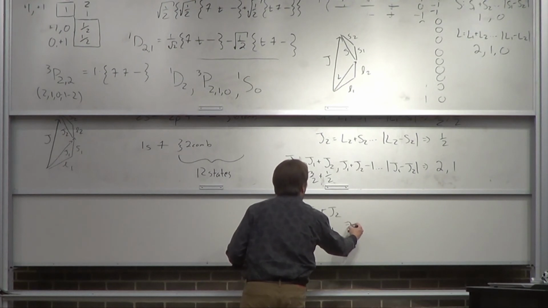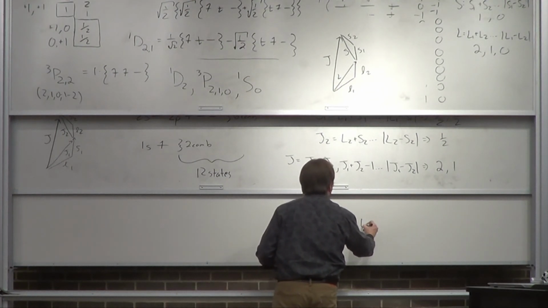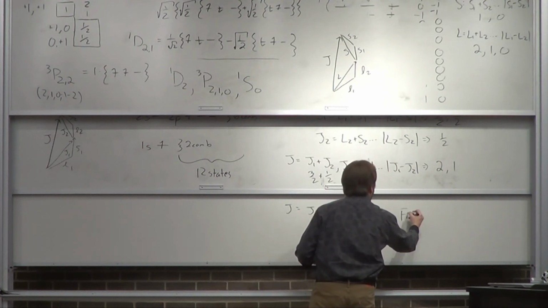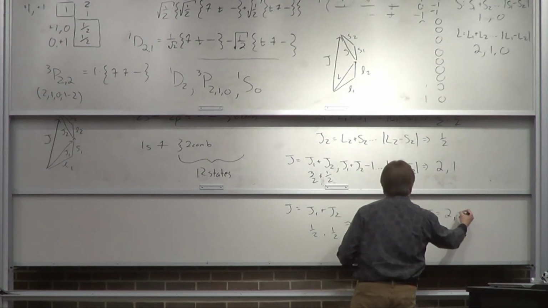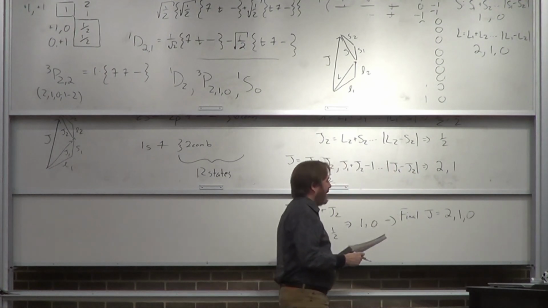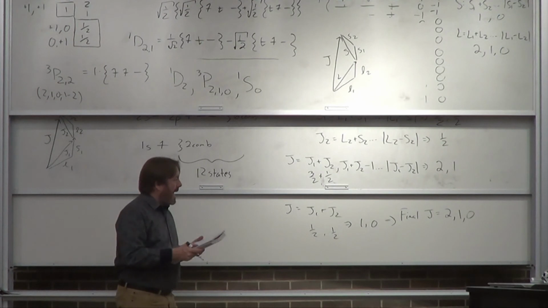And therefore that's 1 and 0. Therefore, the final J's are 2, 1. There's 2 1s and 0.